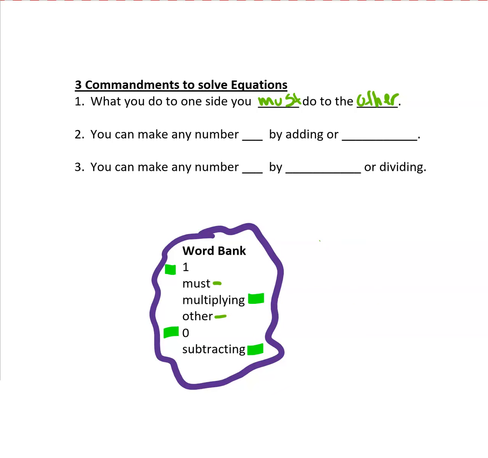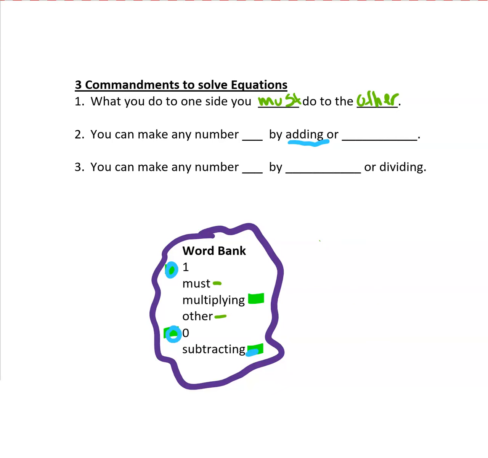Okay, so you can make any number blank by adding or blank. So we know that we're going to use one of our numbers here. We're going to either use 1 or we're going to use 0. And we're talking about we can do something to make a number by adding, so we're probably talking about one of our inverse operations. So this is adding. Our inverse operation to adding is subtracting.